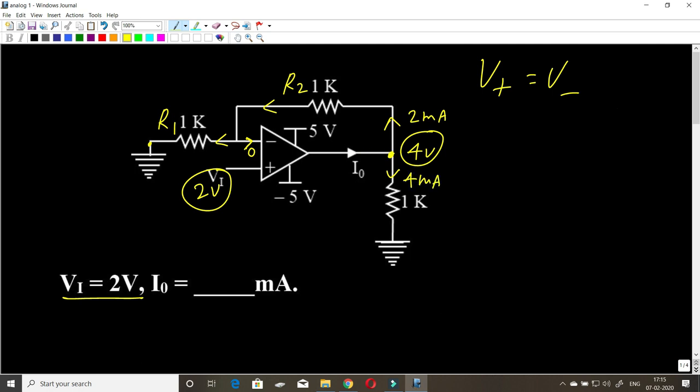Now at this node, I0 is entering, 2 milliamps and 4 milliamps both are leaving. So if you write KCL at this node, I0 turns out to be 2 plus 4, which is 6 milliamps. So the answer to this question is 6 milliamps. Well, this is an extremely easy question. Just by looking at the circuit, we can say the value of I0 is 6 milliamps. Okay. We'll move on to the next question.